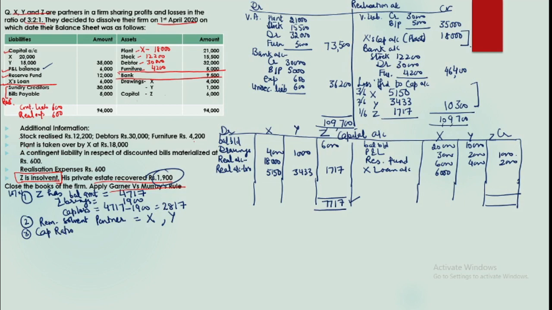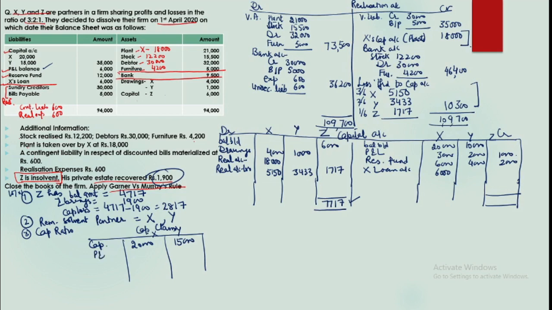Since capitals are fluctuating, you are not given current accounts, it's a fluctuating capital, so we will be calculating the capital claims of the partners. So how do we calculate? It is the claim on the date of the balance sheet. So pick up the balance sheet, write down their amounts. So they have the capital of 20,000 and 15,000.